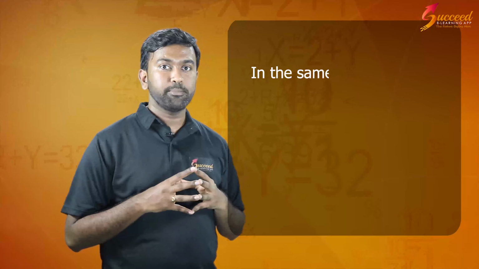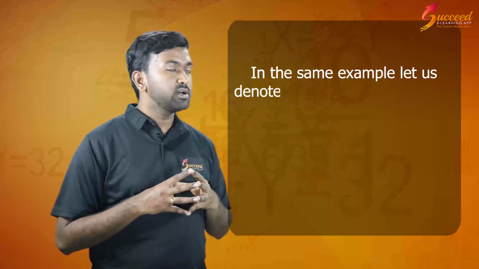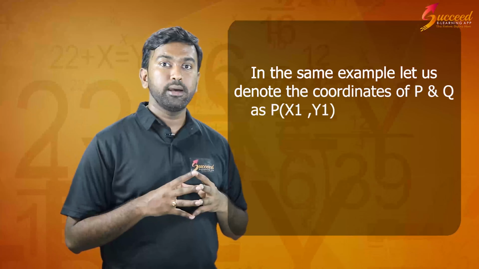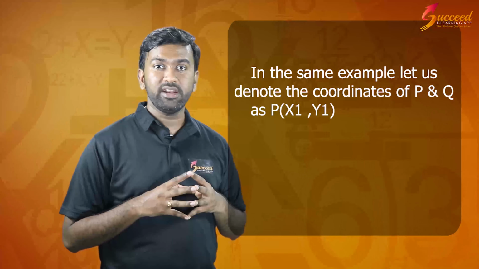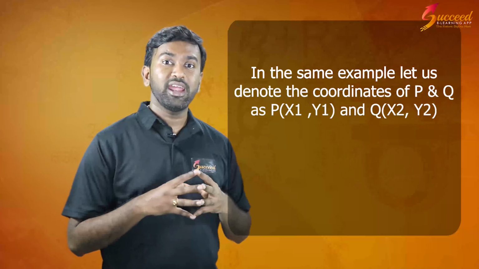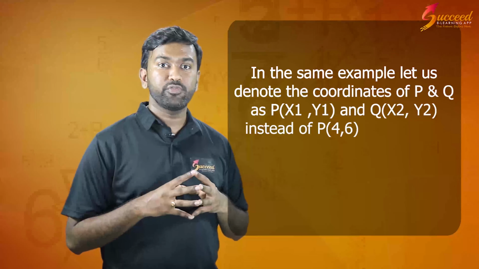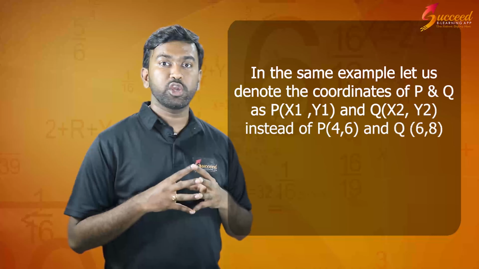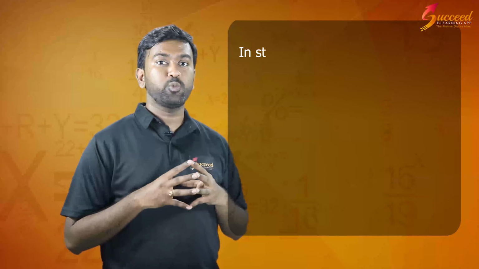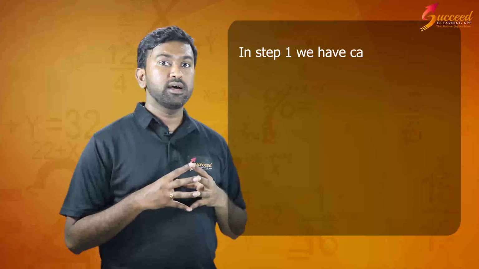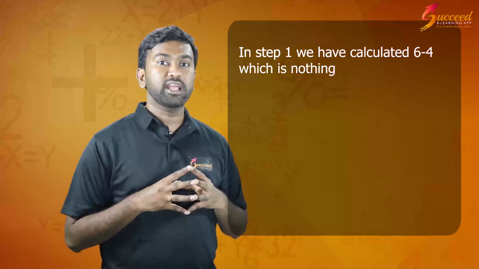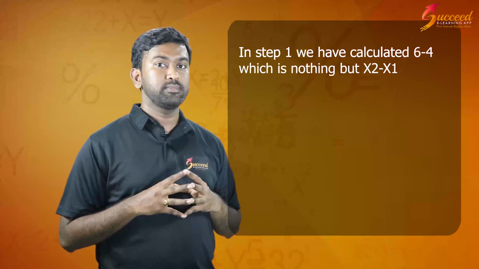In the same example, let us denote the coordinates of points P and Q as P (x1, y1) and Q (x2, y2) instead of P (4, 6) and Q (6, 8). In step 1, we did 6 minus 4, which is nothing but x2 minus x1.